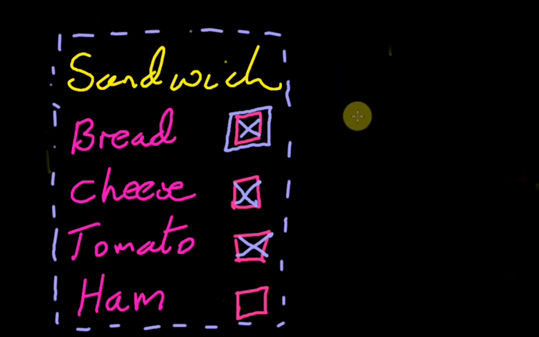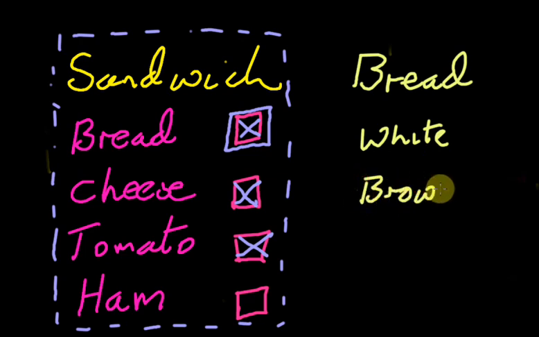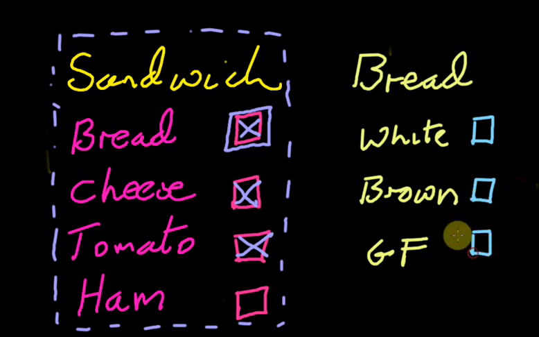So maybe as well as that, I could choose the type of bread I want. So I could have maybe white bread, brown, or say gluten-free. And with these again, I could have my checkboxes. And again, this will be in its own little group.